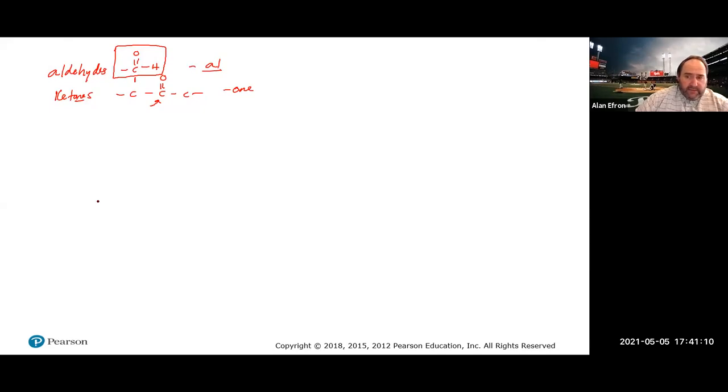So you do need to give the number for that group in those situations, very much like what we've done with double bonds, triple bonds, and the OH group in alcohols. And just like everything else, it is the priority in terms of numbering. We want to get that group the smallest number, whichever way that does it, left to right or right to left, and everything else would be numbered accordingly.